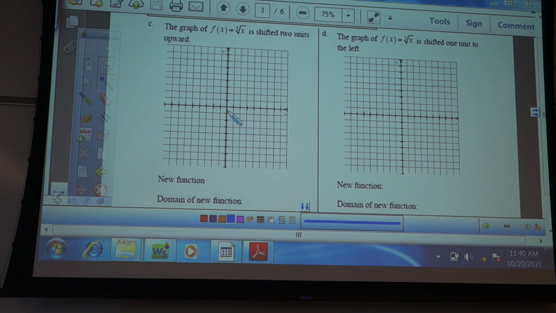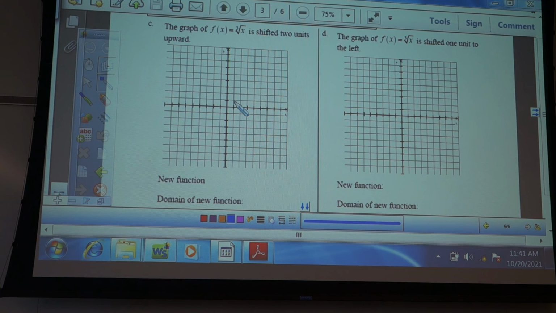Remember, you always start at the origin and mark in 2 units up. The origin is where the axes cross.